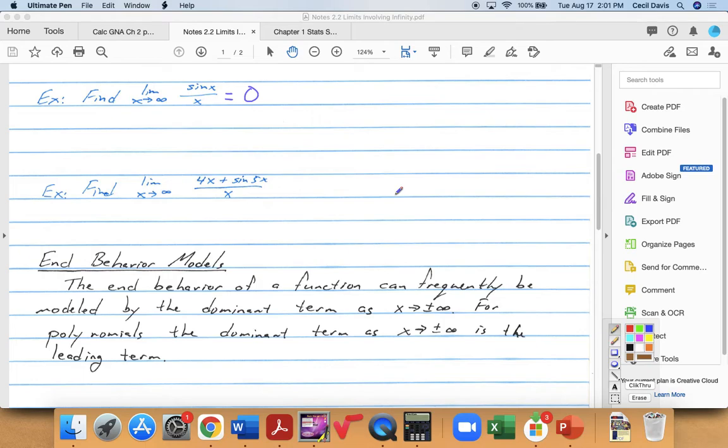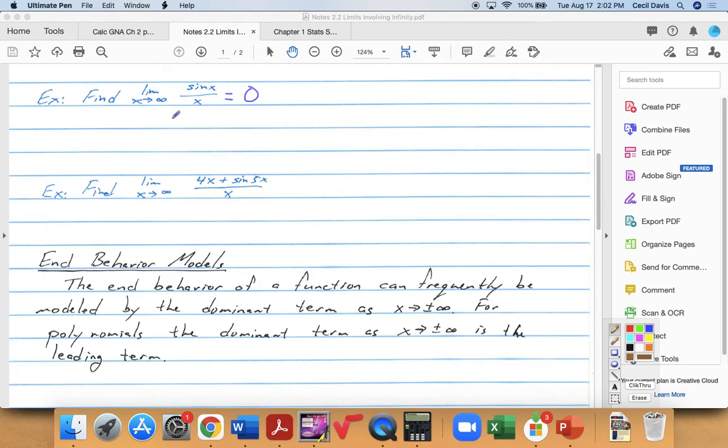I have an answer. So when this situation, the sine x is infinite at the top, and the x is a non-zero neighborhood. So this doesn't fit any of those patterns exactly. But what we can say, if you want to prove it rigorously, you can do this.